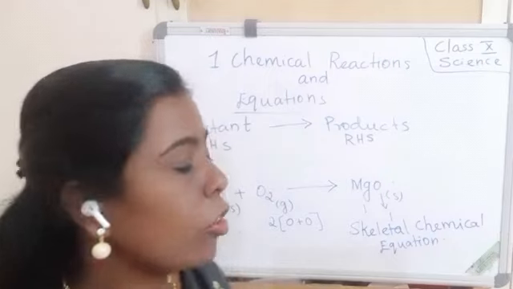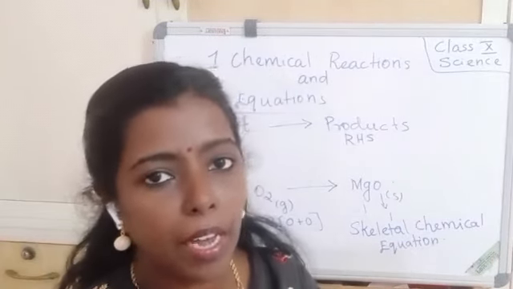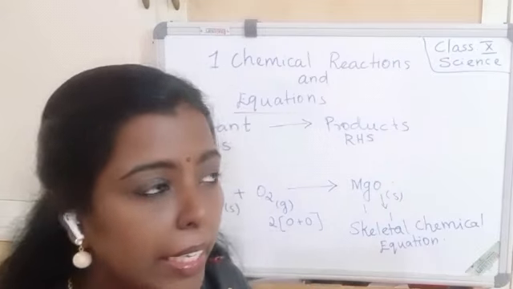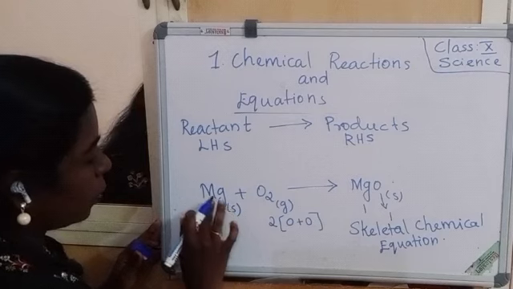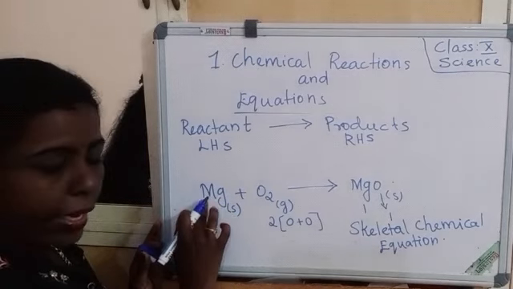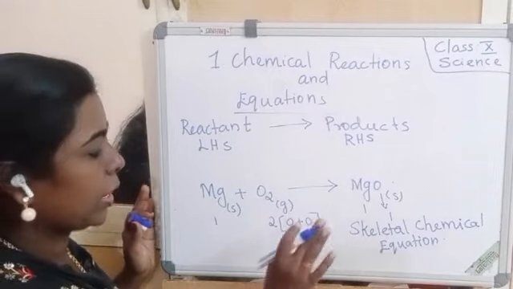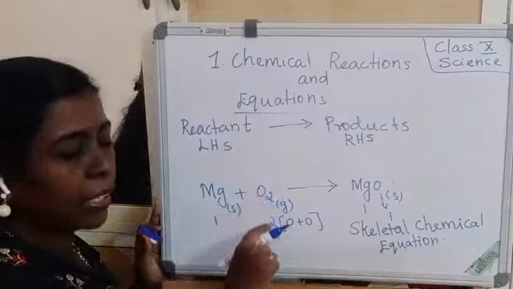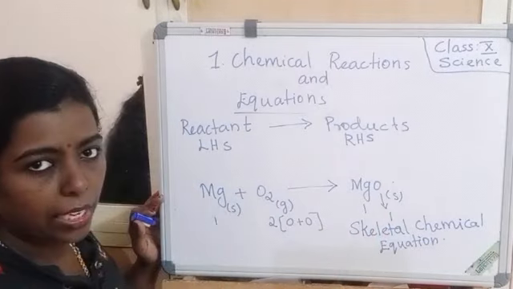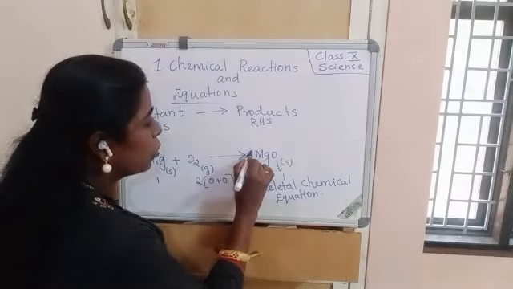That is, the number of atoms of reactants and products before and after the reaction is equal. So here one magnesium atom reacts to form one magnesium in the product also, but two oxygen atoms react to form one oxygen atom, so we should give 2 here.